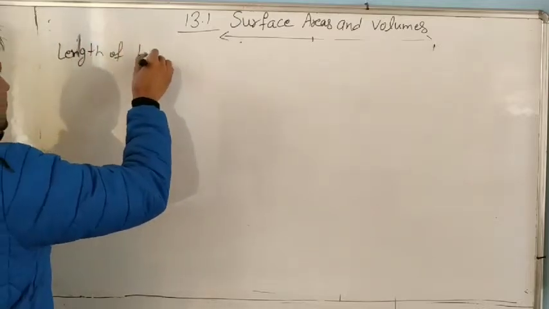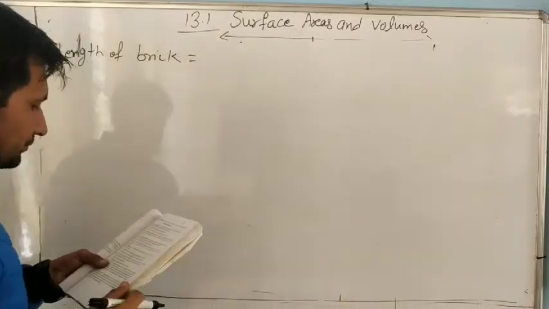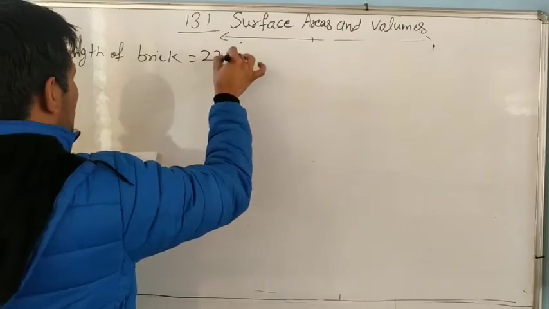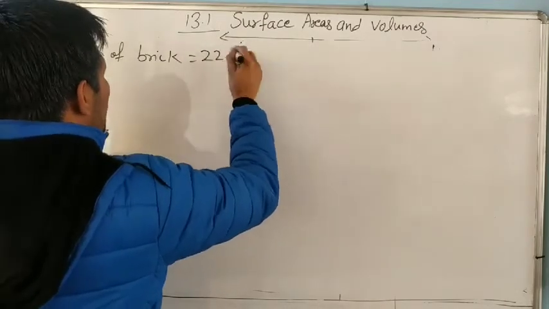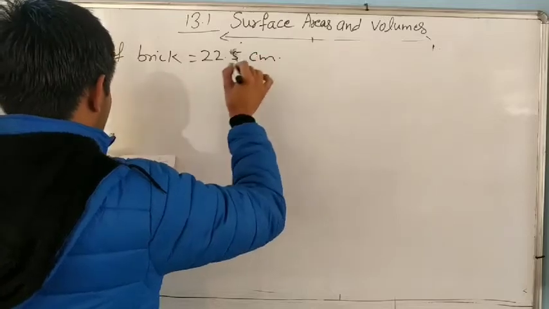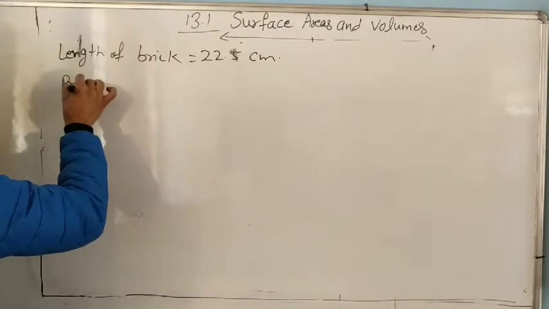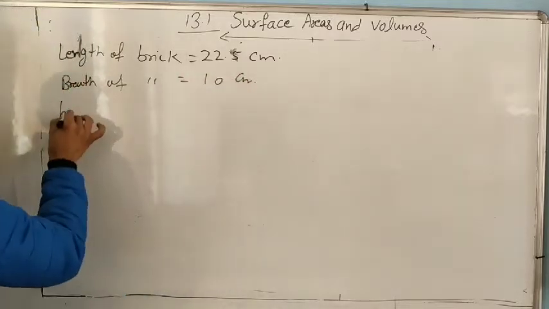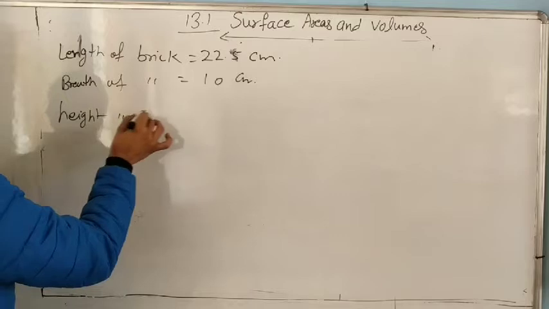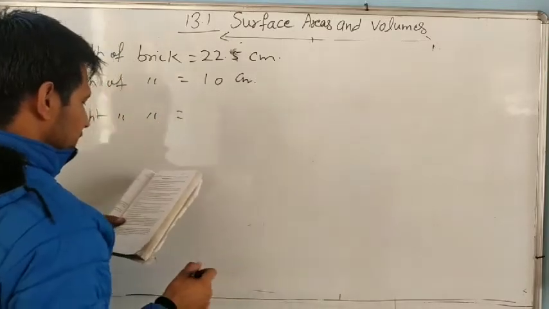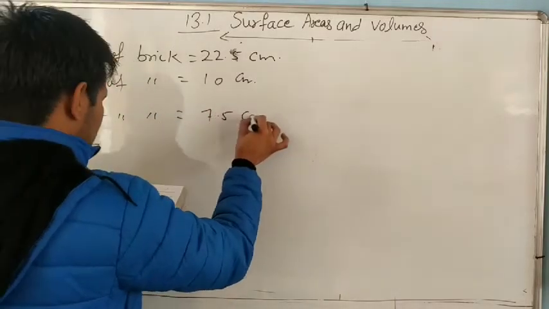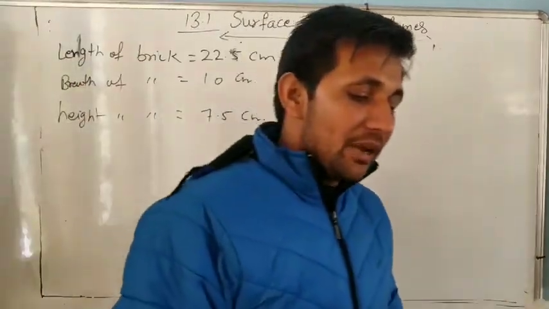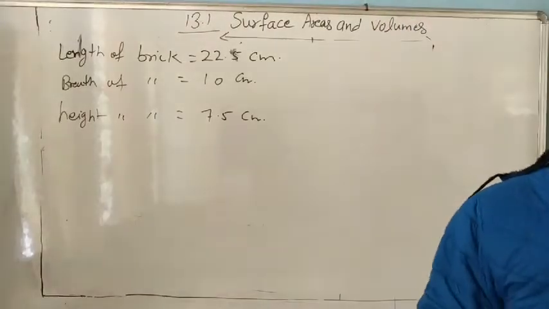Length of brick, 22.5 centimeter. Breadth of brick, 10 centimeter. Height of brick, 7.5 centimeter. And we have to find how many bricks can be painted out of this container.